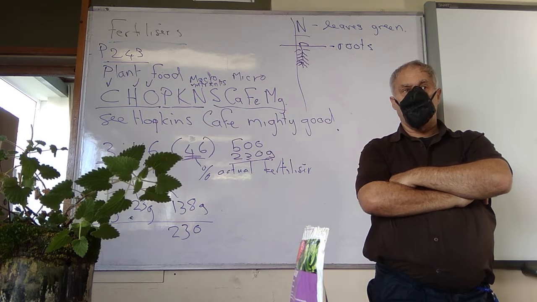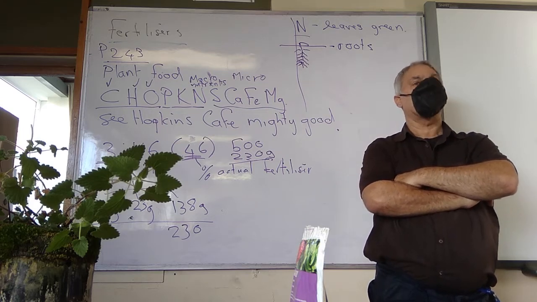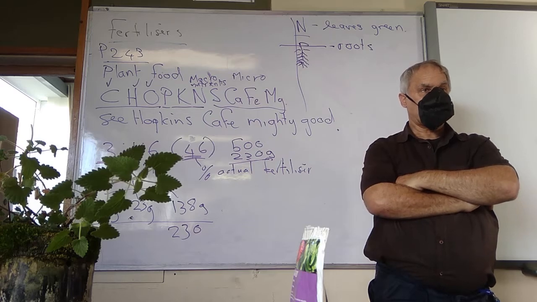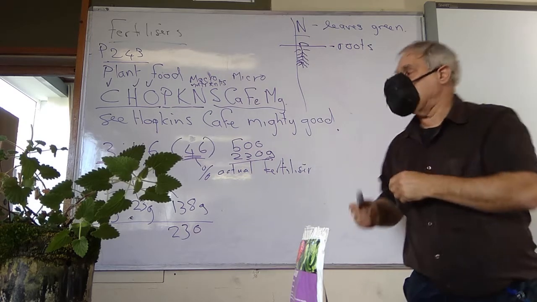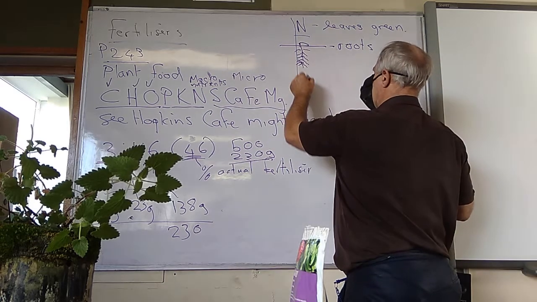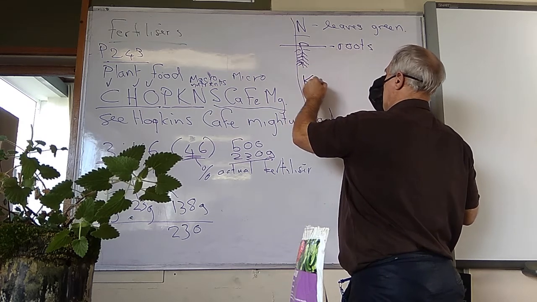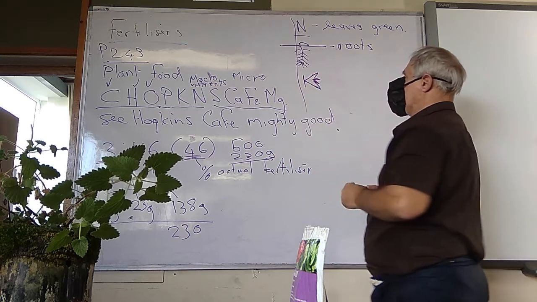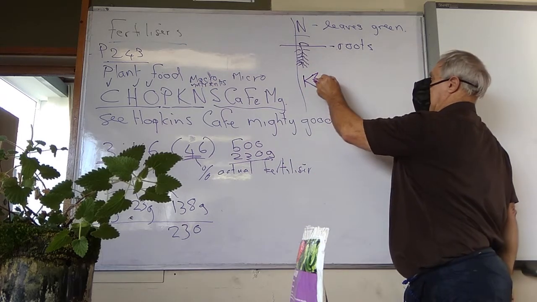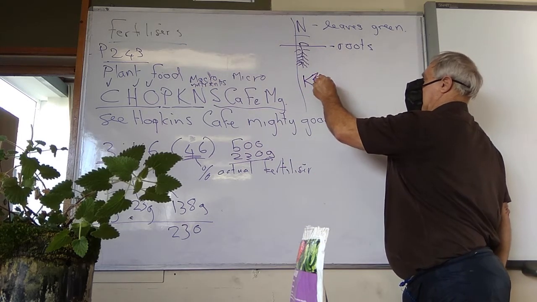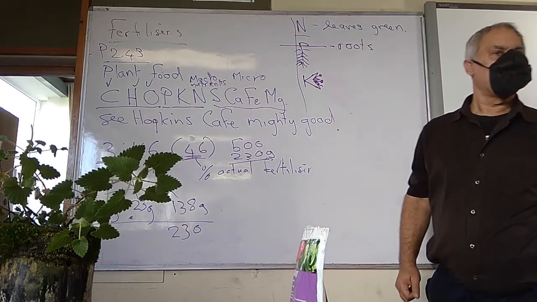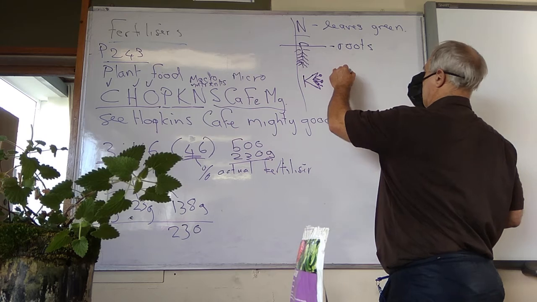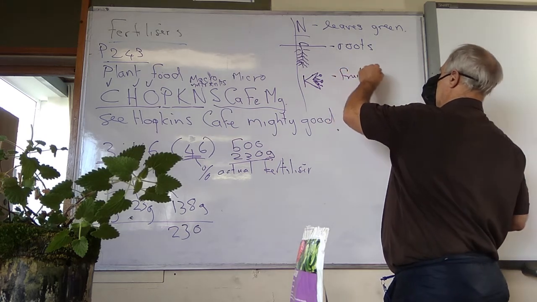Then there's one little part of it, and that is K. Now K, what does that look like? A flower. So now I remember K is good for fruits and flowers. So this would be exceptionally good for your strawberries.